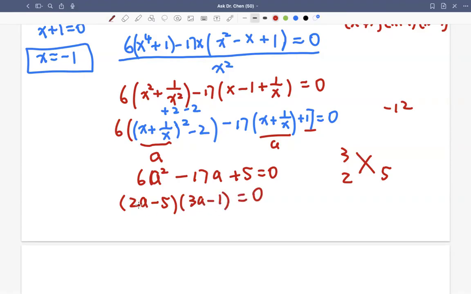Right, in this case, we still have 6a squared. We have negative 2a and negative 15a, adding up to negative 17a. Negative 5 times negative 1 is positive 5. Bingo.